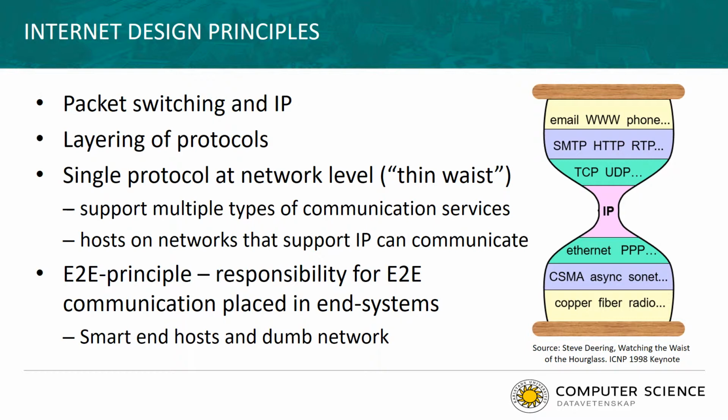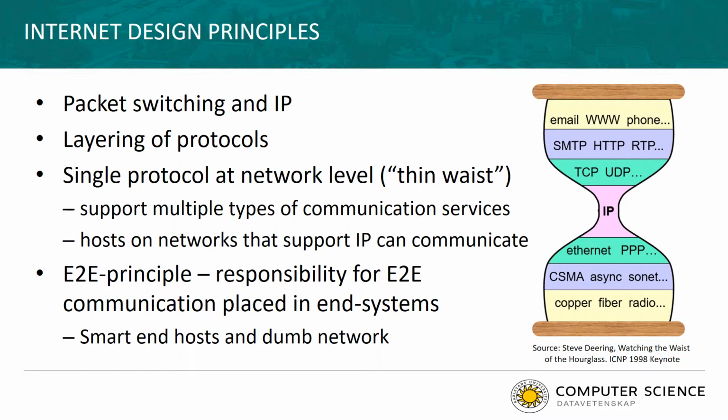Similarly, underneath IP, you can have a variety of different networks. And as long as these networks support the IP protocol, the hosts on those networks can communicate with each other in a peer-to-peer fashion. So if I know your IP address and my network supports IP, then I can communicate with you.